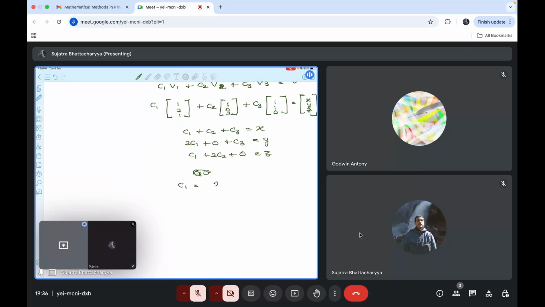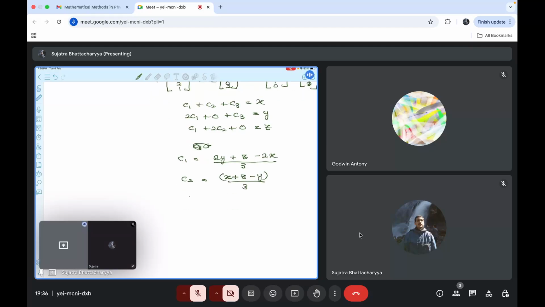So C1 comes out to be 2y plus z minus 2x divided by 3. C2 is x plus z minus 1 by 3. And C3 is 4x minus y minus 2z by 3.